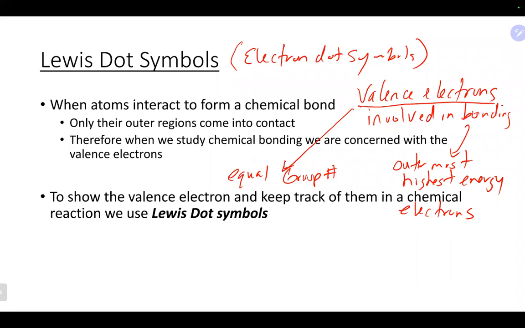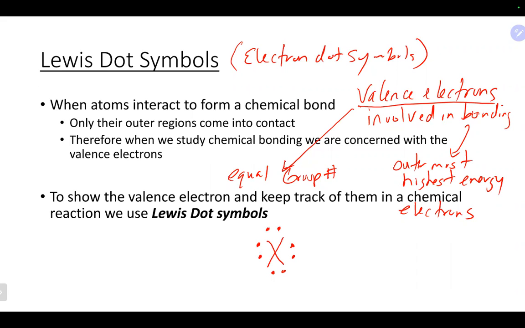So we use Lewis dot symbols to represent bonding. A Lewis dot symbol is frankly the element symbol and basically one dot to represent each valence electron. Are there rules for putting the dots on? Not really. The only real rule is don't go more than two per side.